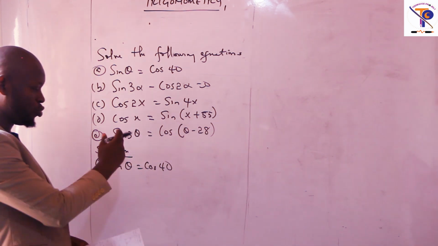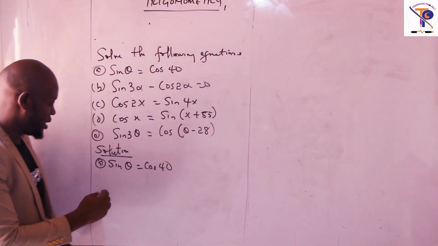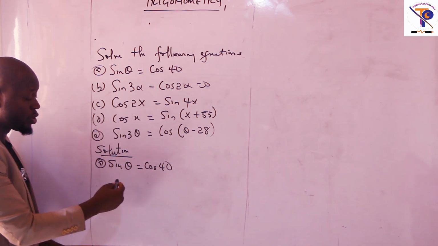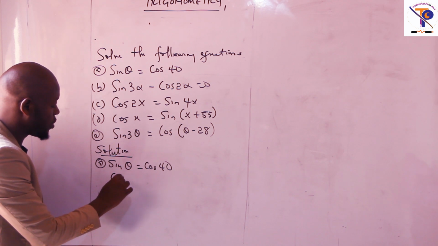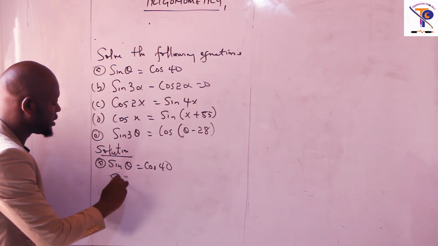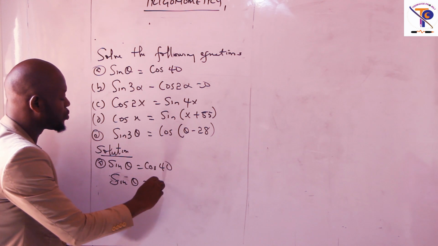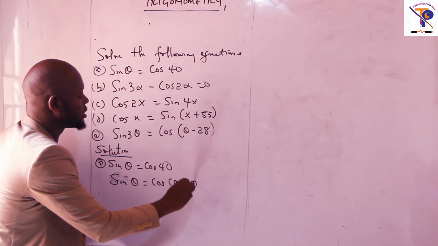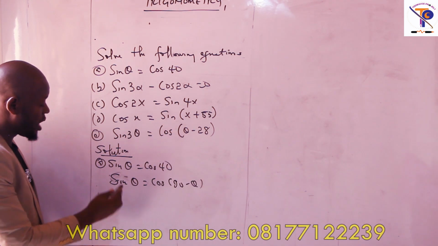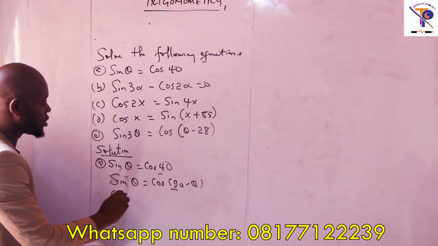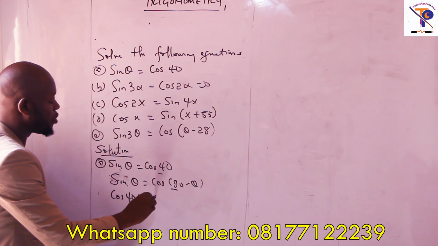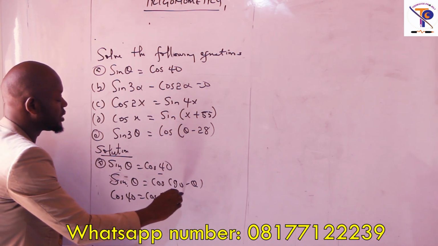But to do the calculation, I will just recall that sine theta is equal to cos of 90 minus theta. So once we have this one equal to this, I can relate them together. So I will have cos 40 is equal to cos of 90 minus theta.